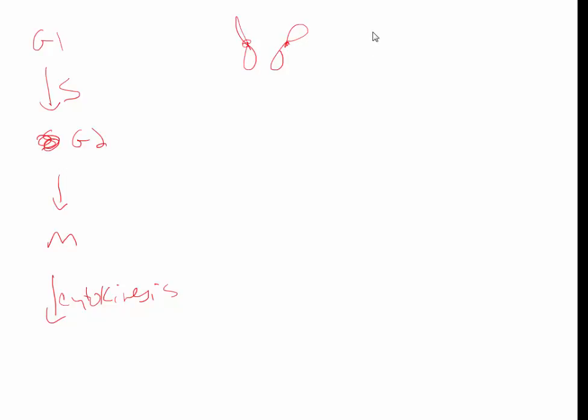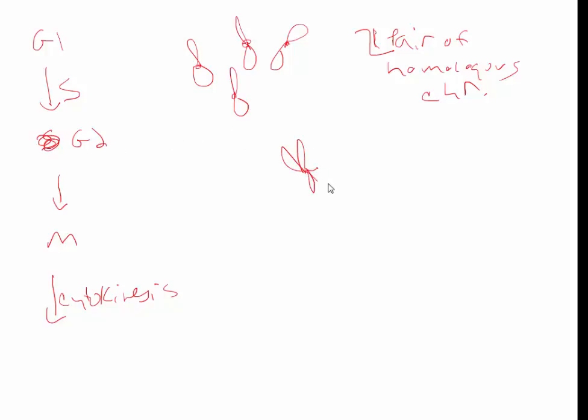There's a chromosome, one pair of homologous chromosomes. Yeah, let's make it two pairs. Alright, sounds good. We do S phase, and then they look like this. So they're kind of spread out.